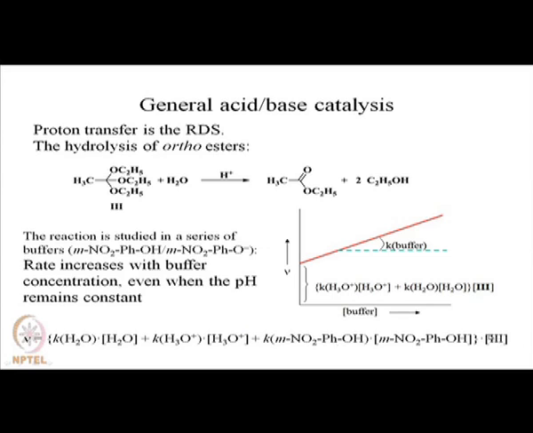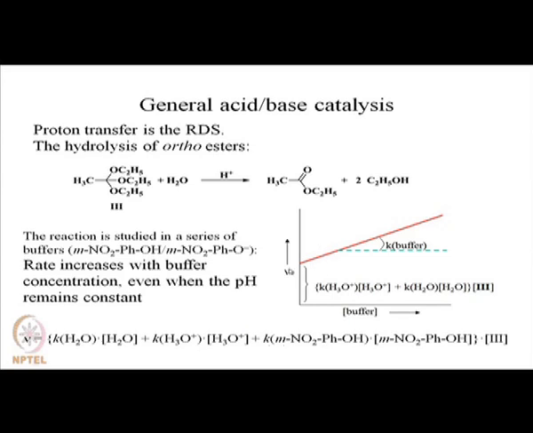So, these three are the contributions of the different constituents, that is water, H3O plus, and also your buffer. And this is the reactant, but this k part has the contribution from your water, which is present in large excess, and also from H3O plus ions if some are present, and also from these three.